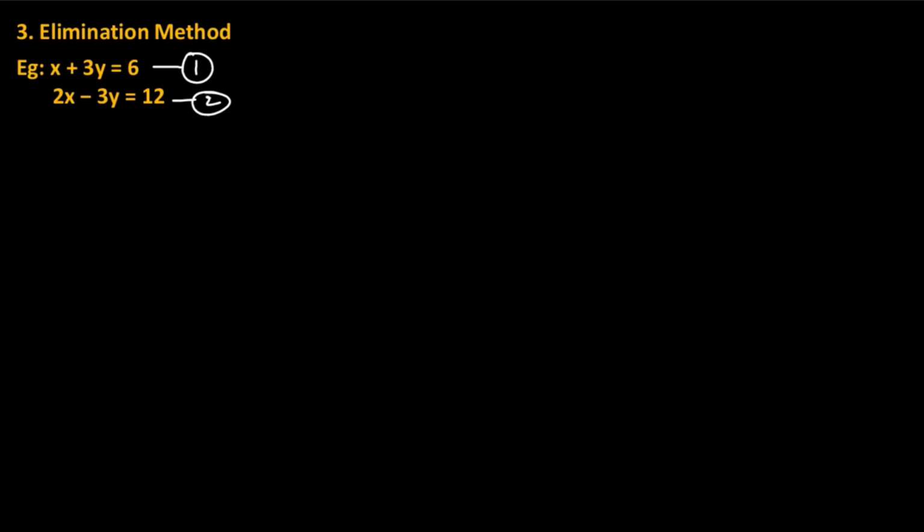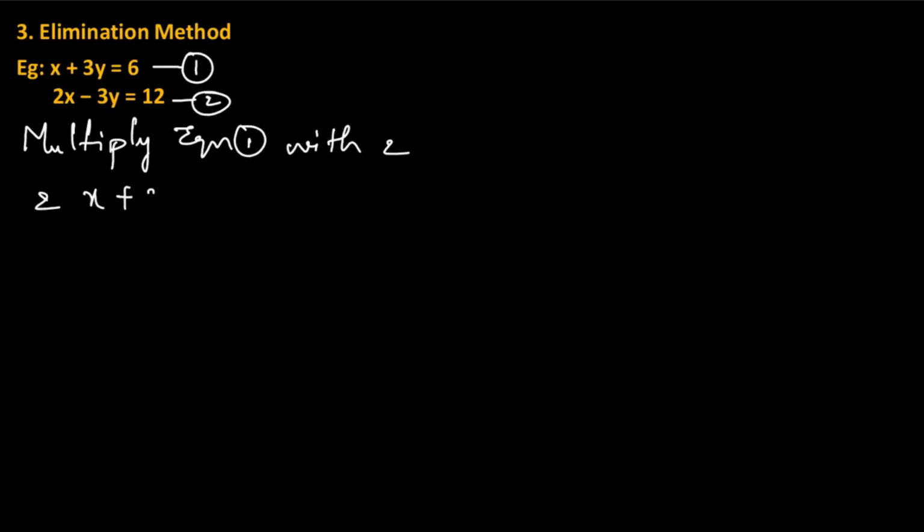In the second equation, you are seeing 2 is the coefficient of x. The x coefficient must be the same to eliminate. So, multiply equation 1 with 2. 2 into x plus 3y is equal to 6. So 2x plus 6y is equal to 12. Mark this as equation 3.